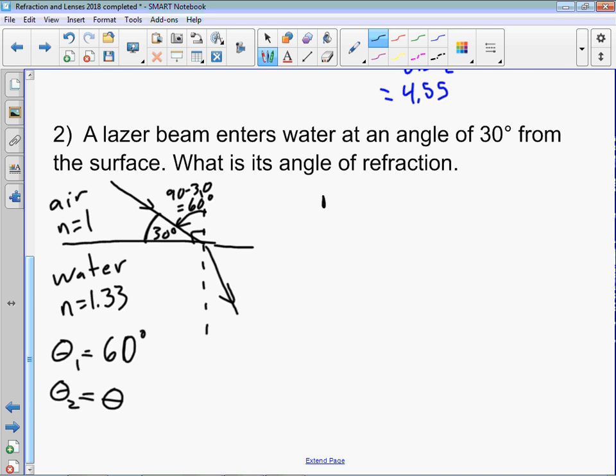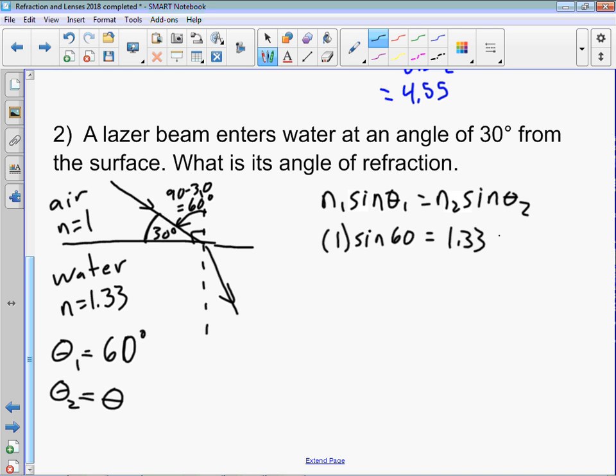So now we can go back and put n1 sine theta 1 equals n2 sine theta 2. And so that's 1 times the sine of 60 equals 1.33 times the sine of theta. Now the sine of 60 is about 0.866.